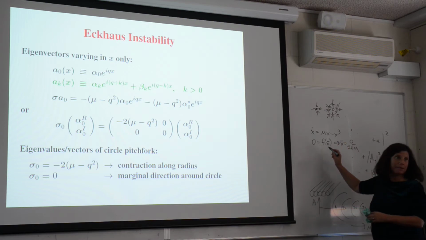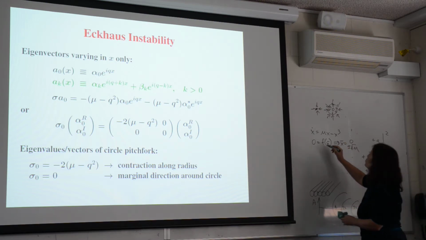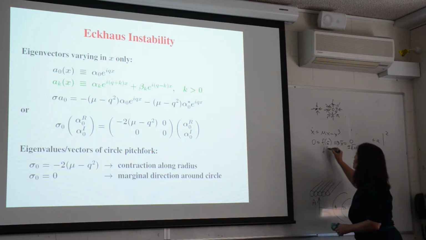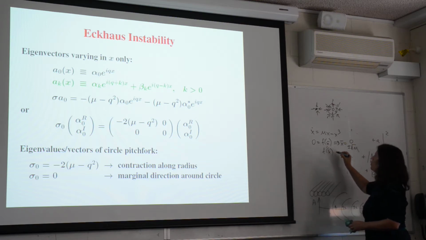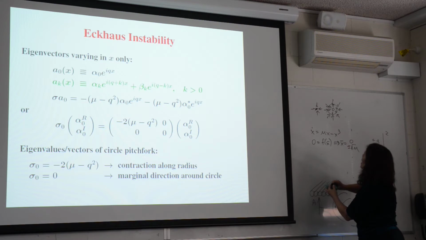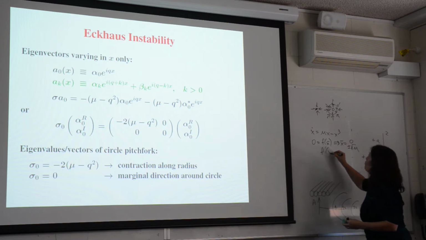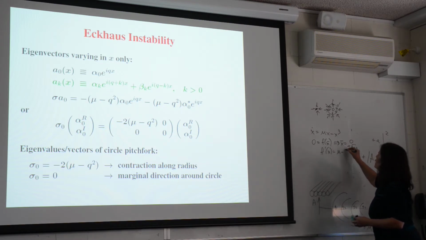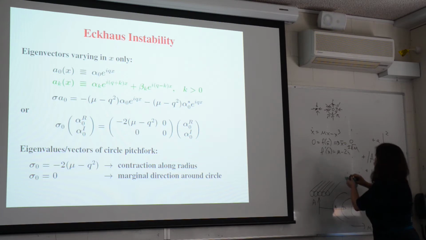The steady state, right? Then just to do the stability, you would write f prime of x is equal to mu minus 3x squared.